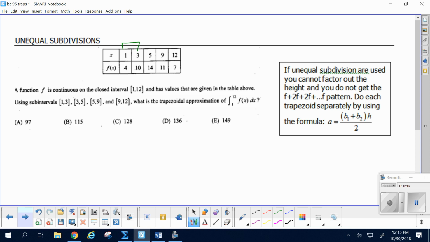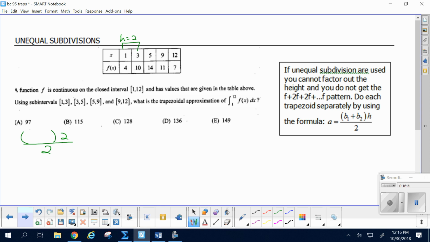So what's the height? 2. So you'd have base 1 plus base 2 times height divided by 2, and I have a 2 out front for the height divided by 2. If this were free response, I would probably show F here and F there to make my work clear, but if it's multiple choice, I'd probably just go straight to the table.